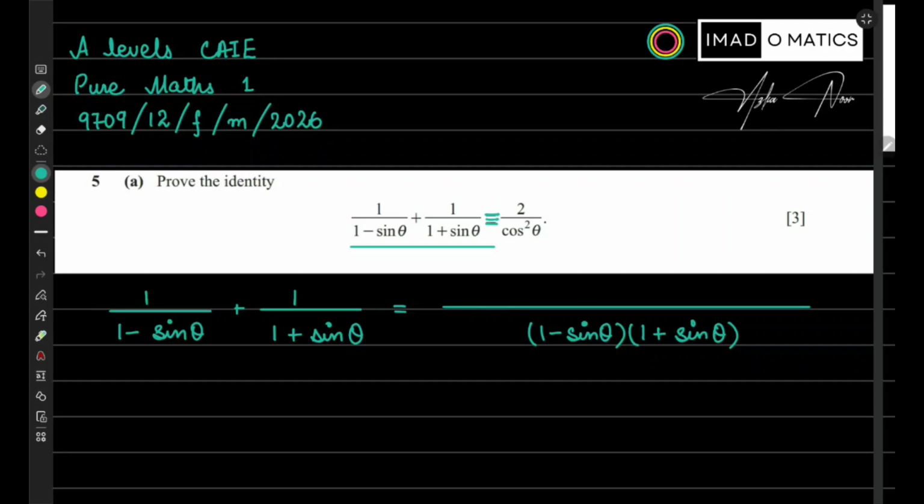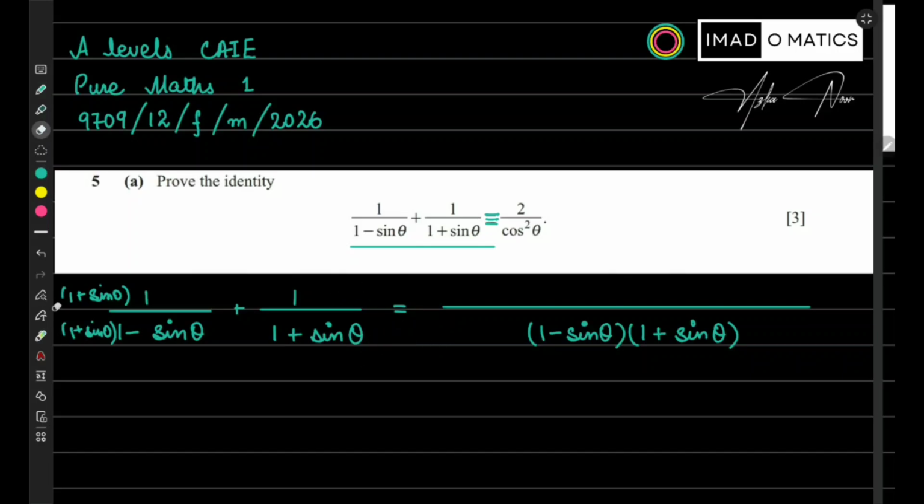So in the same way we solve the fractions. Either you can cross multiply or think of that we have multiplied the first fraction with 1 plus sine theta over 1 plus sine theta, and this one with 1 minus sine theta over 1 minus sine theta, and then we can take the common denominator and simplify it.